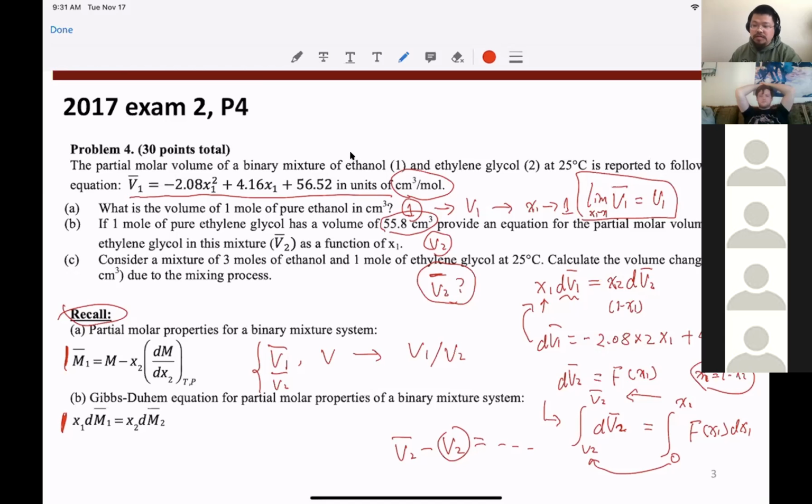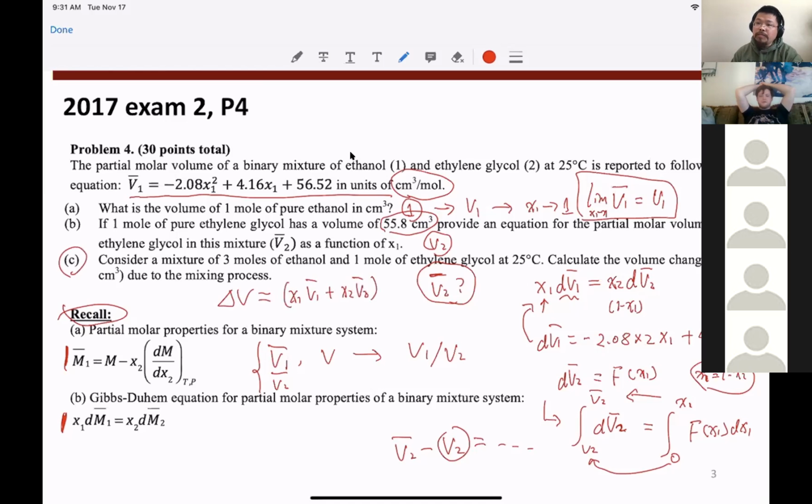Okay. Then the third would be the mixing process. All right. So if we know the V1, V2 of the partial and V1, V2 of the pure, then the mixing should be x1 V1 partial plus x2 V2 partial.